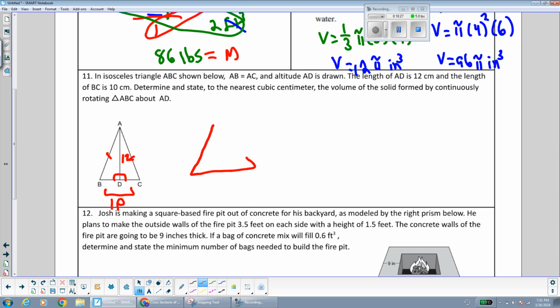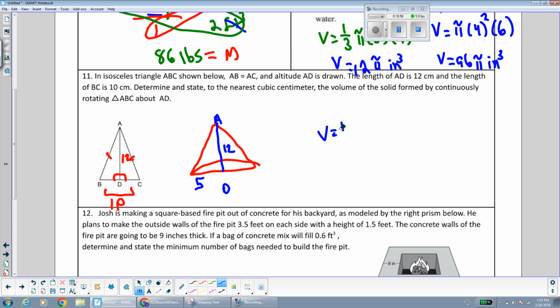let me try to draw this cone. So here's my cone. Since it rotated around AD, here's AD. And that means since BC was 10, that means the radius is 5 and the height is 12.